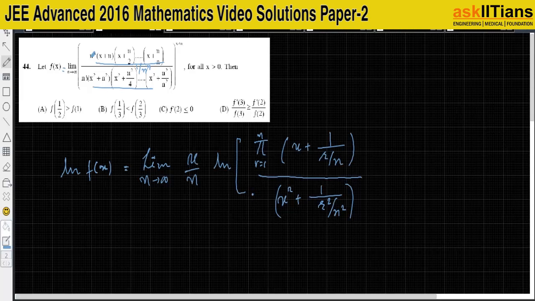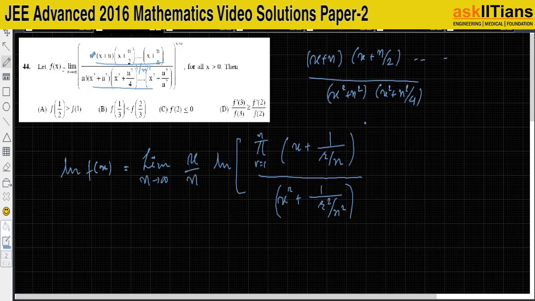So 1 plus r by n whole square. Here I have x plus n by 2, something like this, and the denominators are x square plus n square, x square plus n square by 4.